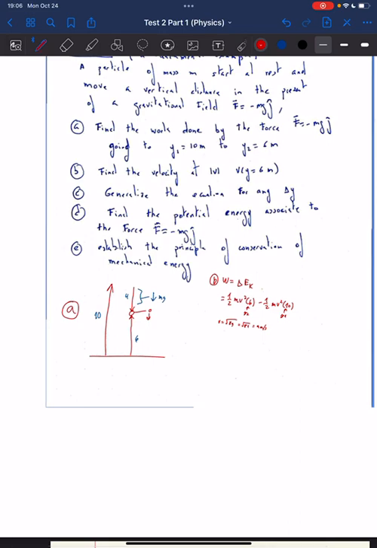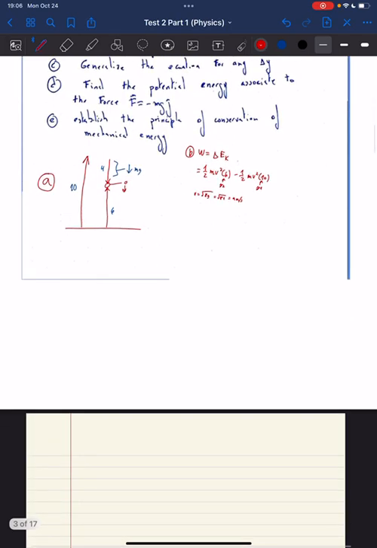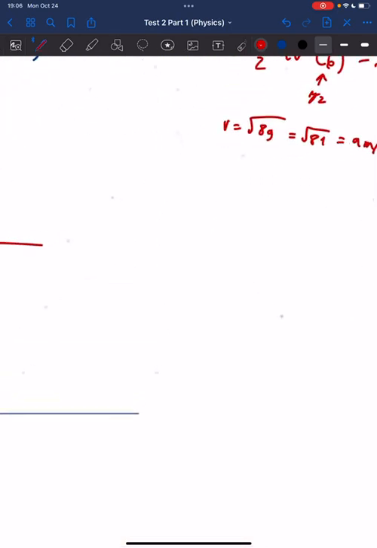Alright, so we're going to generalize the equation for any change in y. For any change in y, it will be mg times the change in y equals one half mv squared, the same equation all over again.